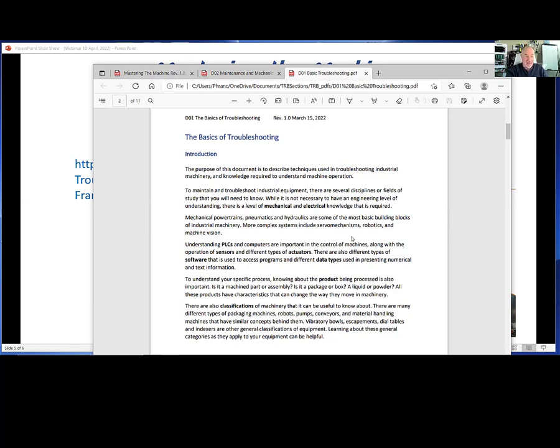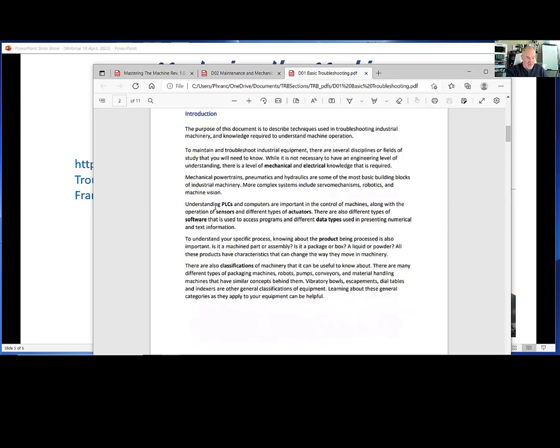So I cover a lot of that in the book, but I also cover some basic maintenance and troubleshooting concepts here. In this section I mentioned understanding PLCs and computers, sensors, actuators, software, data types for numerical and text information, knowing about your product, knowing about your machinery.